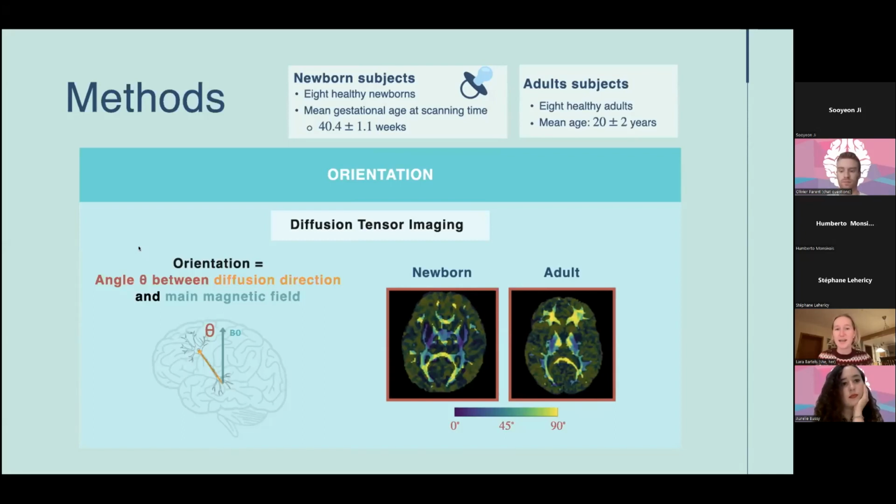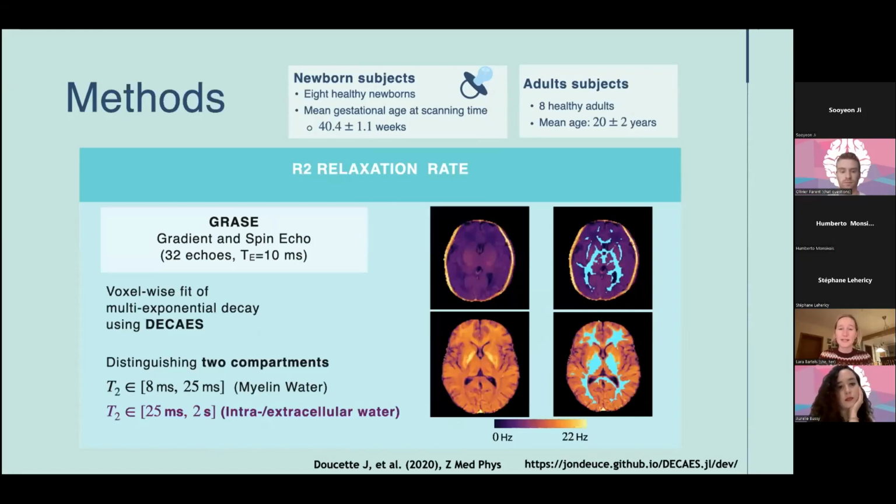On the right-hand side, you can see some maps of the fiber angles in the newborn and the adult brain. For R2 relaxation, we used a GRASE scan, so gradient and spin echo scan. To that data, we did a voxel-wise fit of a multi-exponential decay using the DECAES package. Based on this, we can obtain two different compartments, the myelin water and intracellular water.